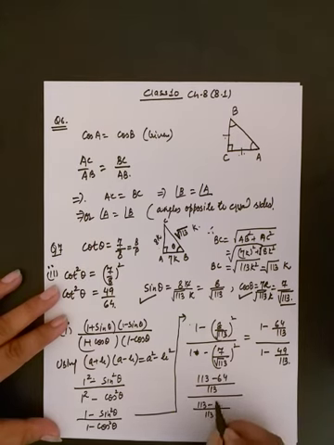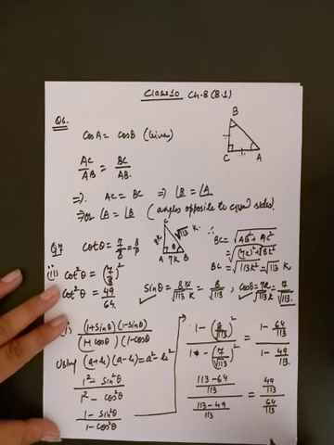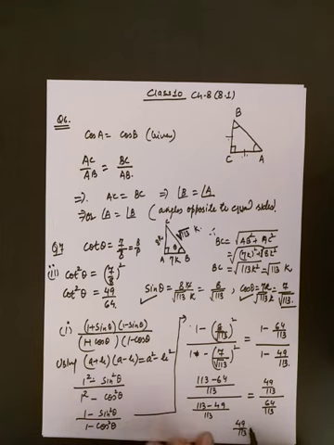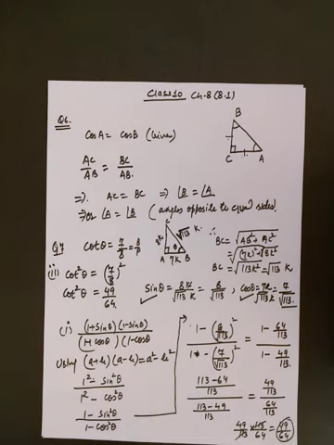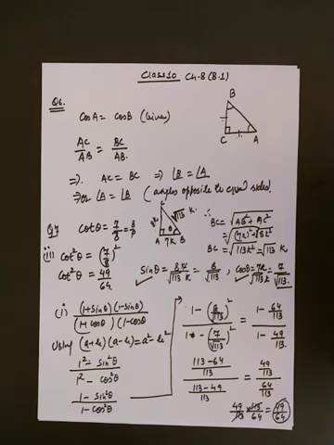It will be 113 minus 64, 113 minus 49. So we get 49 by 113 and 64 by 113. We can easily solve them. It will be 49 by 113 into 113 by 64. We have to make its reciprocal and the final value will be 49 by 64. So this was your question number 7.